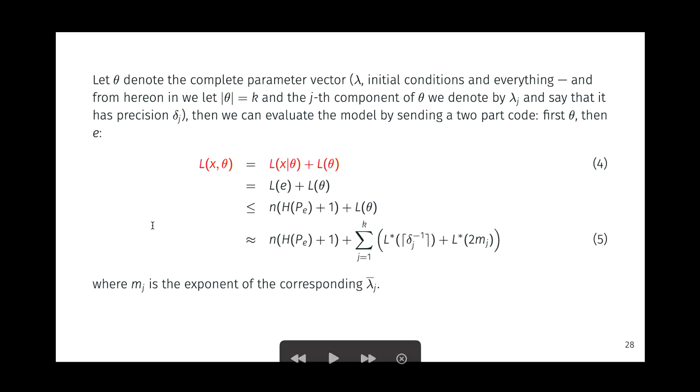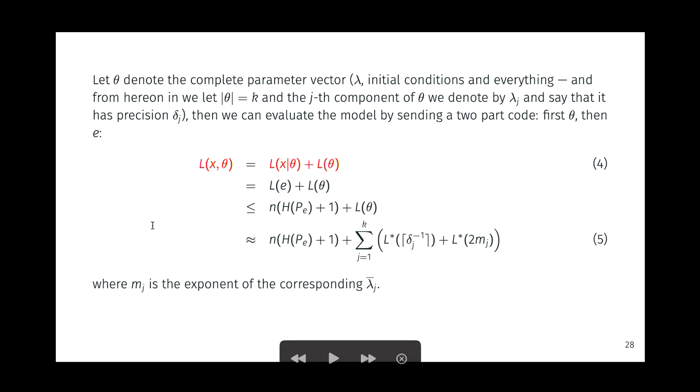Yes, but if the absolute value of the error increases, does it mean that the L star for describing this number, a very small number, is less than? So this is not L star. L star comes in over here for the parameters, not for the error. The errors are being drawn from a probability distribution.